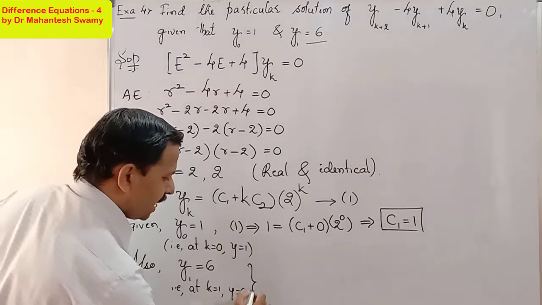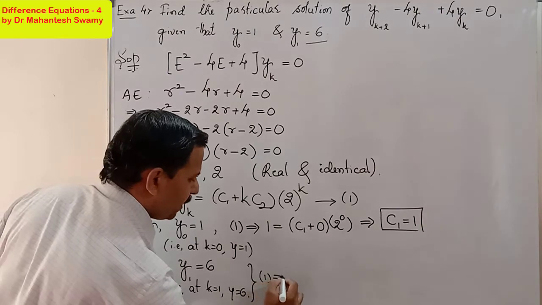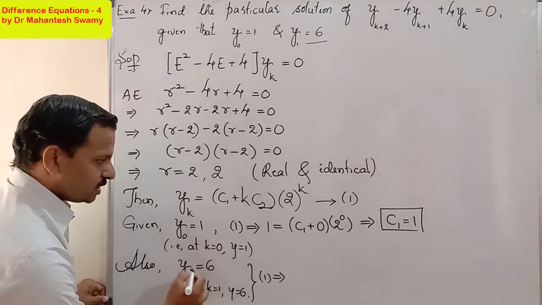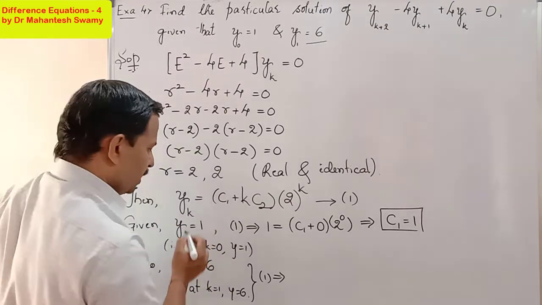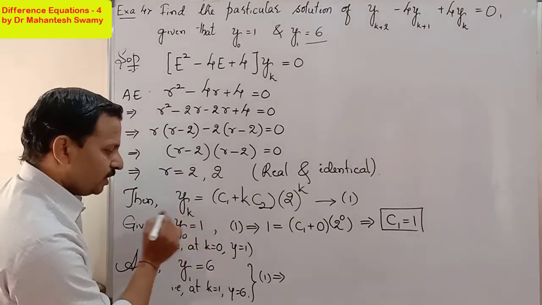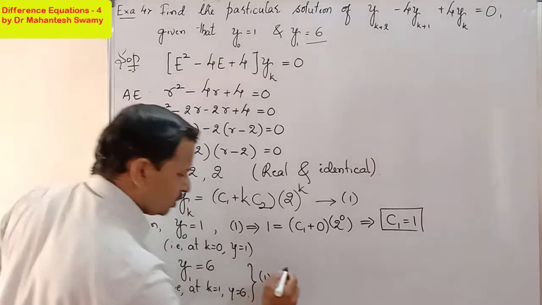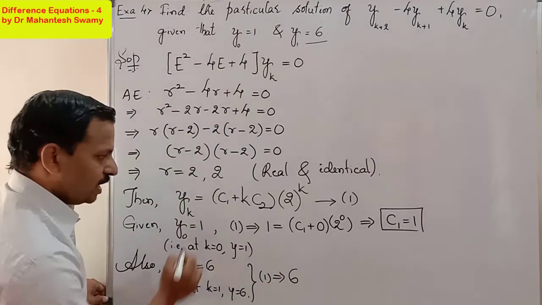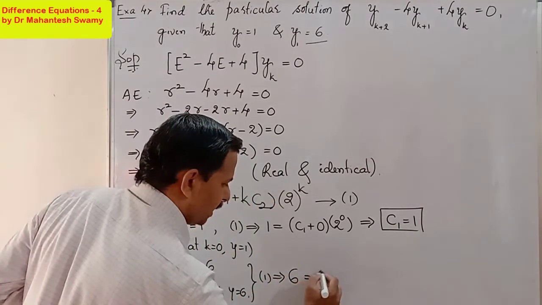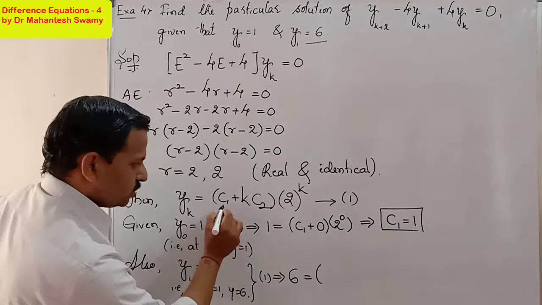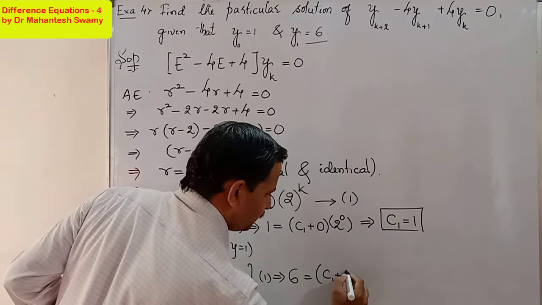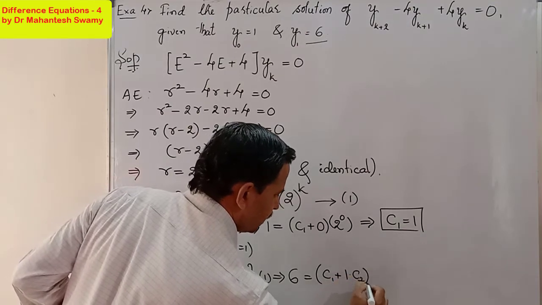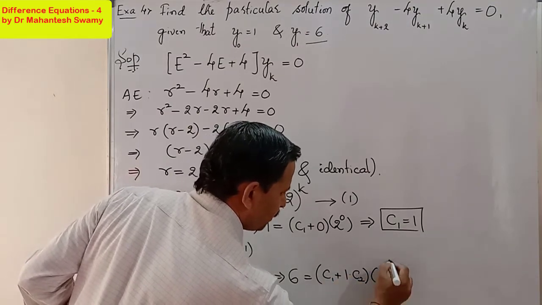So we use this condition in equation number 1, the general solution of the given difference equation. It is 6 on LHS because y1 is 6, and wherever k is there on RHS we put 1. So it is (c1 + 1 into c2) into 2 to the power 1.